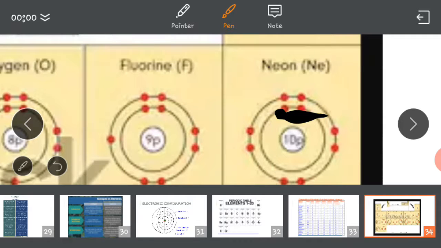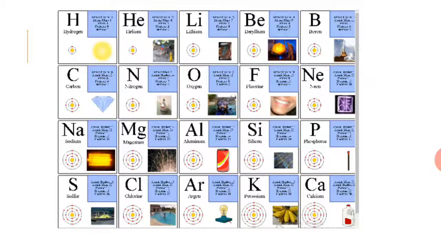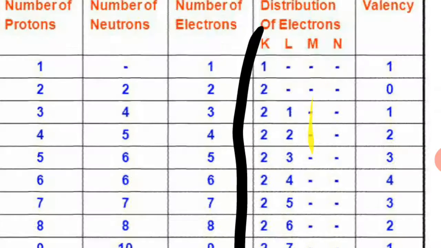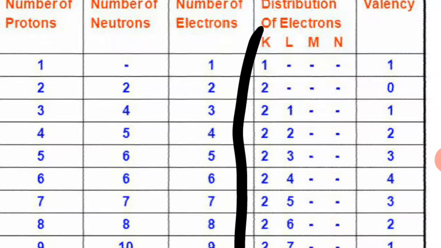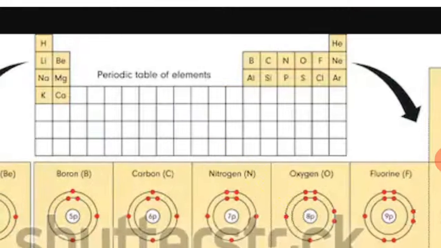So this is how we diagrammatically present it. This is called the Rutherford and Bohr diagram, and this is how we write K, L, M, N. And this is how we make diagrams of it.